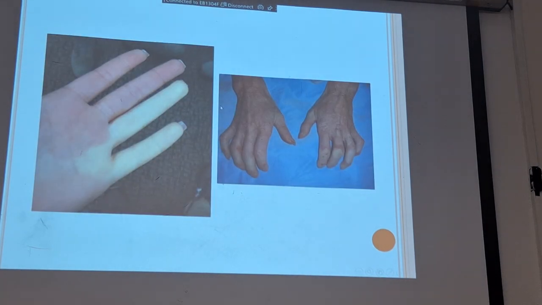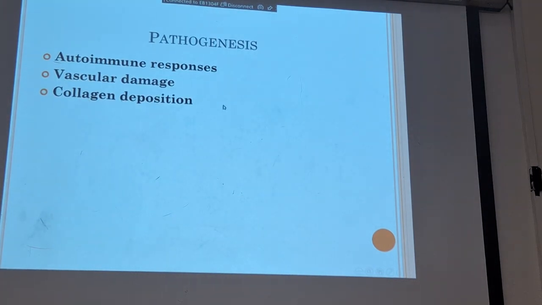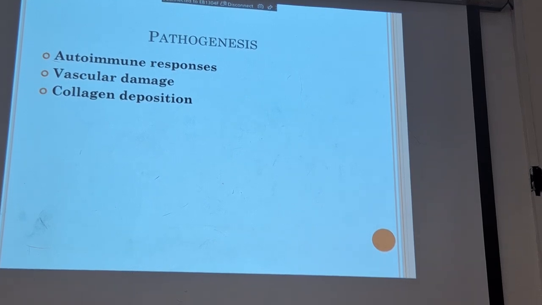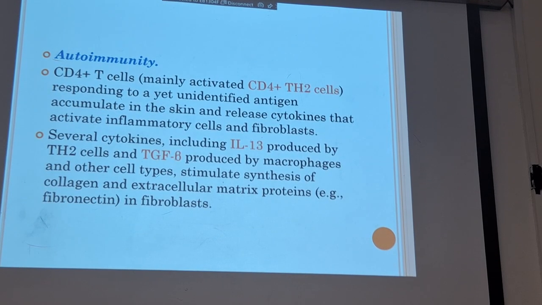Okay, so in systemic sclerosis, you have autoimmunity, and the two most important parts are vascular damage and collagen deposition. Okay, about autoimmunity, do you remember the inflammation part?